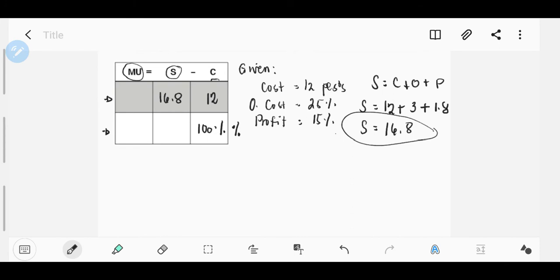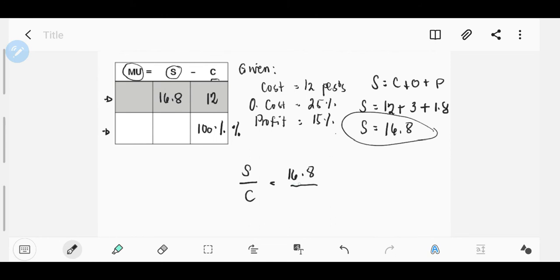So, ang selling price natin is 16.8. So, how do we figure out kung ano yung rate ng selling price natin against the cost? All you have to do is divide the selling price by the cost price. So, that's 16.8. Dapat palaging mas mataas ang selling price kaysa sa cost price. Kasi, ba't ka pa magbebenta kung ibebenta mo ng mas lower?